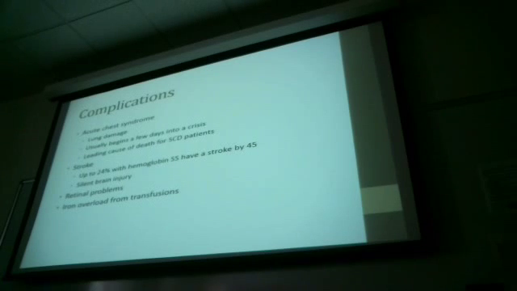These patients are also at pretty high risk for stroke. Not a surprise, you're clumping off the microvessels, right? Up to 24% of patients with sickle cell anemia, the homozygous patients, have had a stroke by age 45.